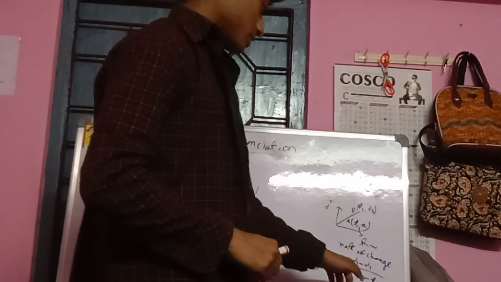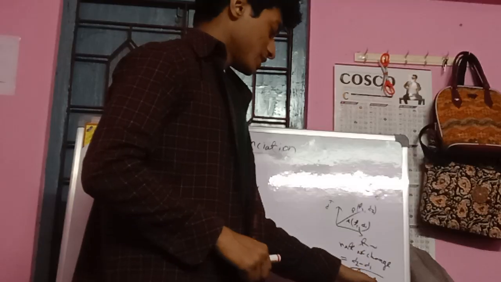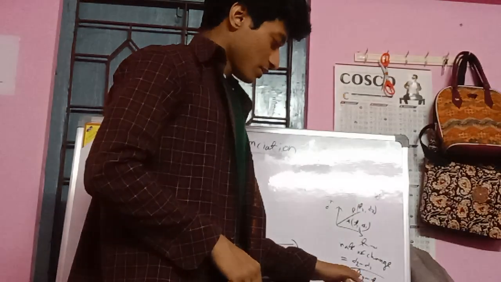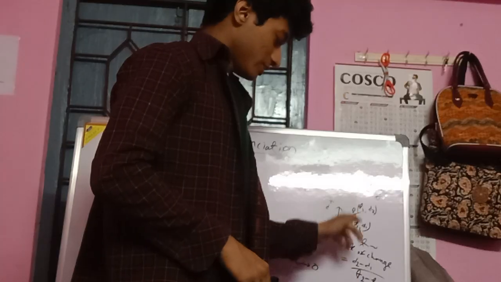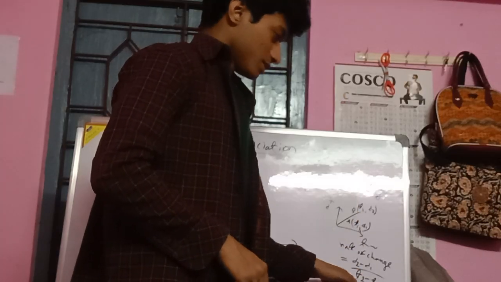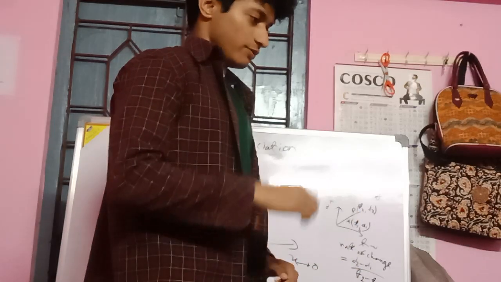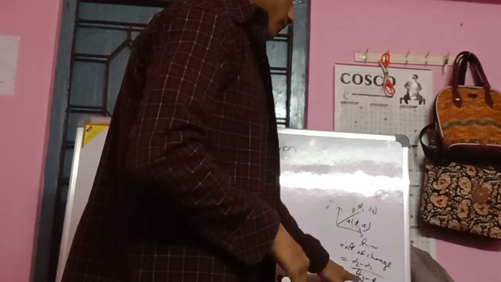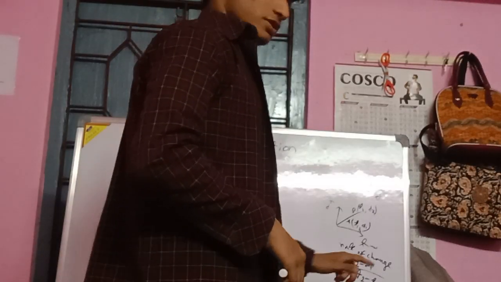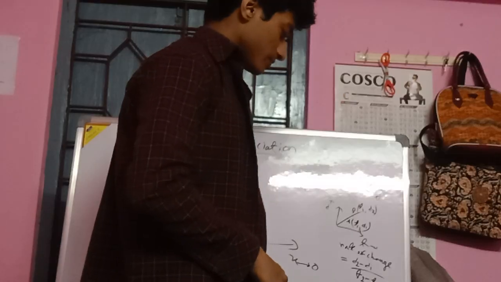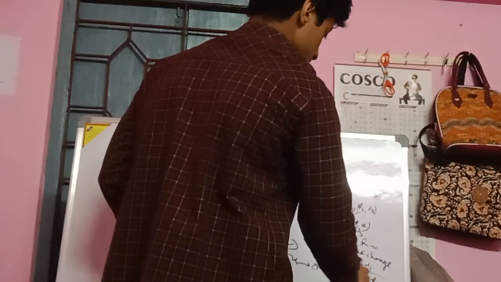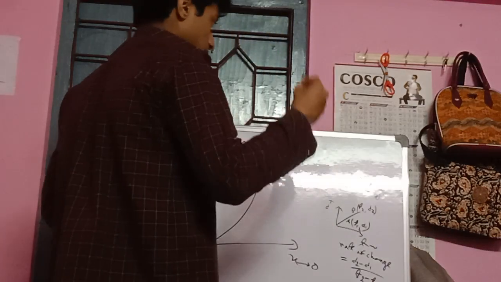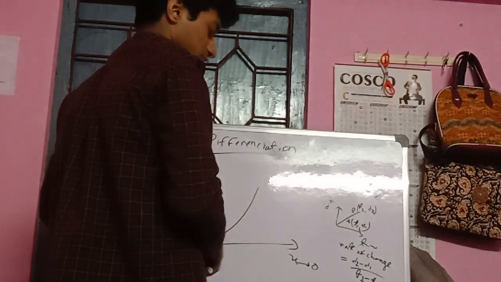Initially the time we had spent since the beginning of our journey was t1, and finally when we got to point B, the time we had spent from the beginning of our journey is t2. So the change in displacement is nothing but d2 minus d1, and in what time did we accomplish that?